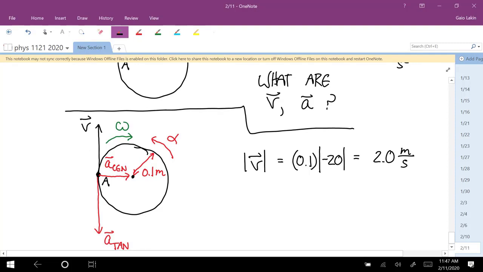And so combine that with the direction that we figured out. I didn't draw a coordinate system yet, but let's just use the one we're used to. We know that v is in the positive y direction. So that means this has to be 0, positive 2.